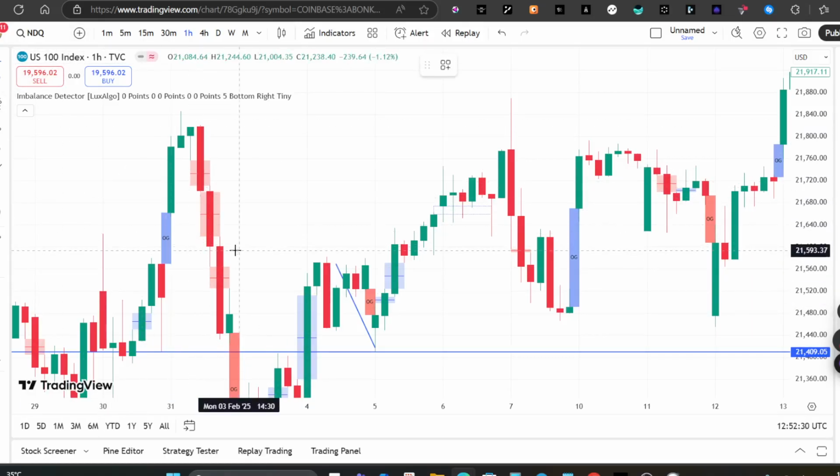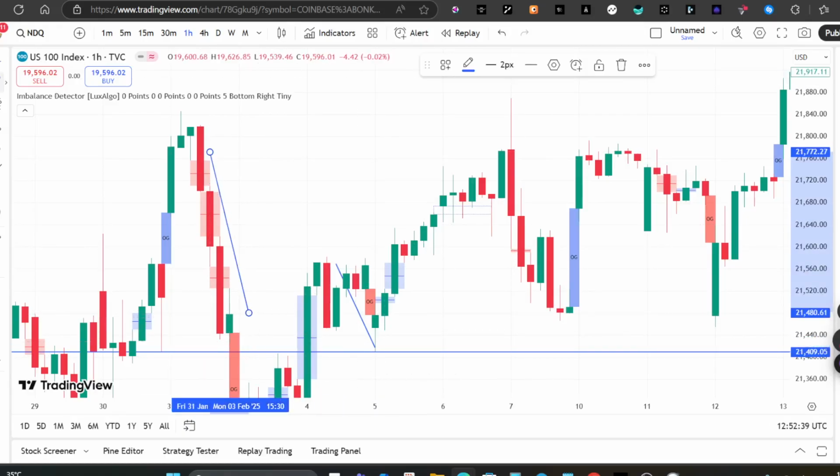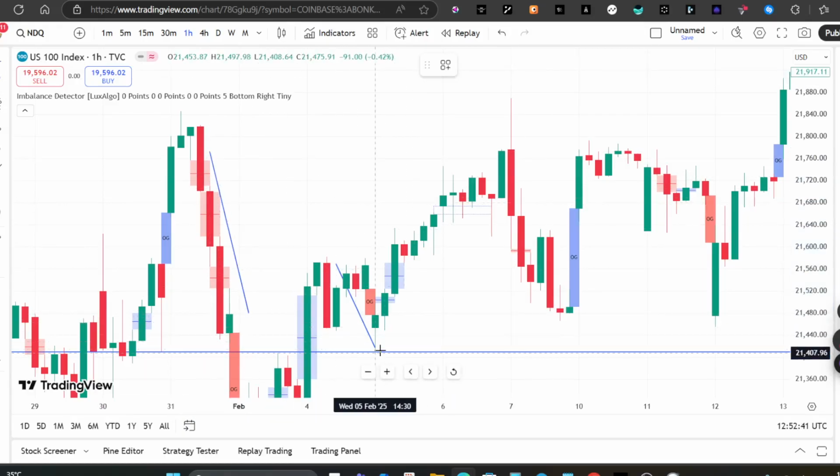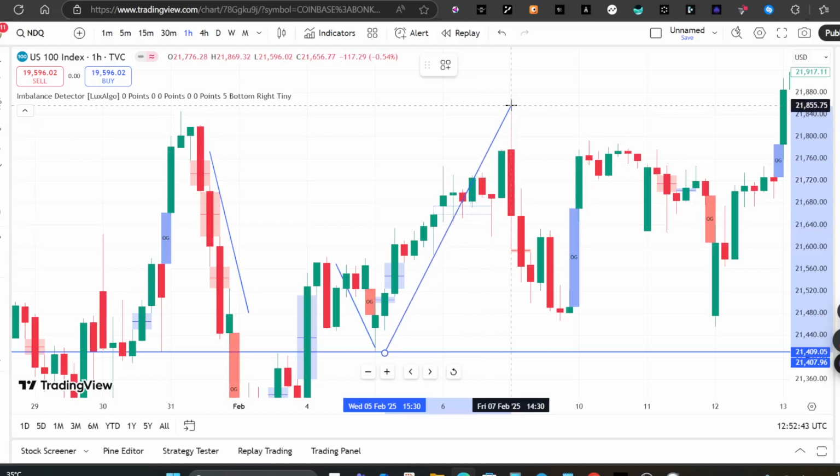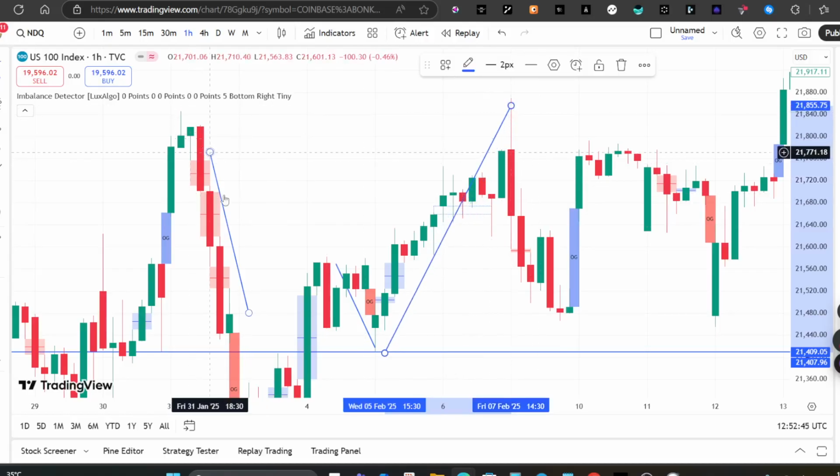Now, just fast forward to, was it two days later, you can see that this whole imbalance got filled up as the price came back to this point and filled these whole imbalance zones. All right, so that is the first strategy, the imbalance refill.